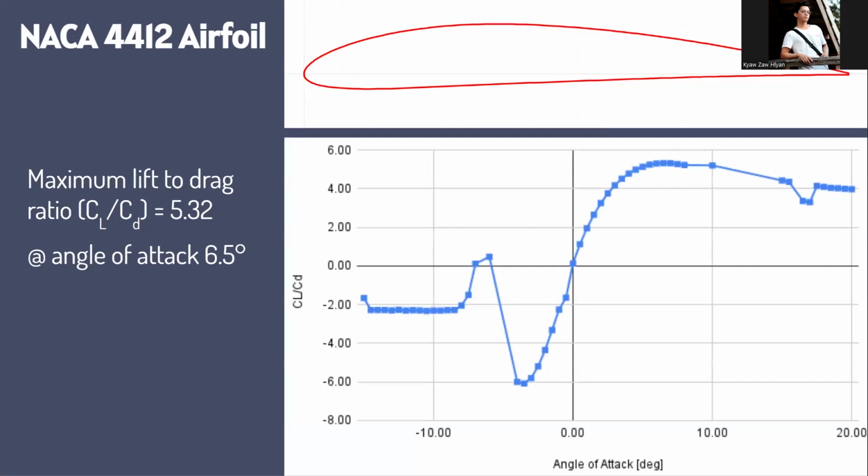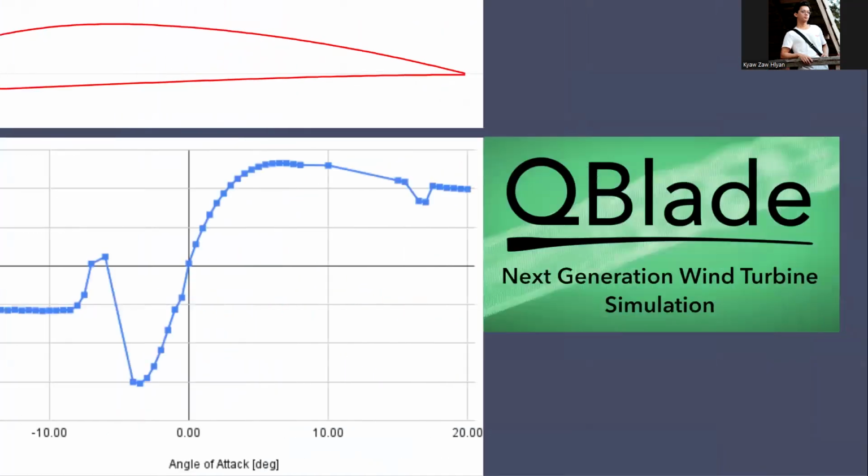In our software, when we calculated the angle of attack versus the lift-to-drag ratio, we see that the maximum lift-to-drag ratio is 5.32 at an angle of attack of 6.5 degrees. At tip speed ratio 7, it is around 235 RPM, which is roughly close to the actual small wind turbine RPMs at the Reynolds number of 23,000 which we got before.